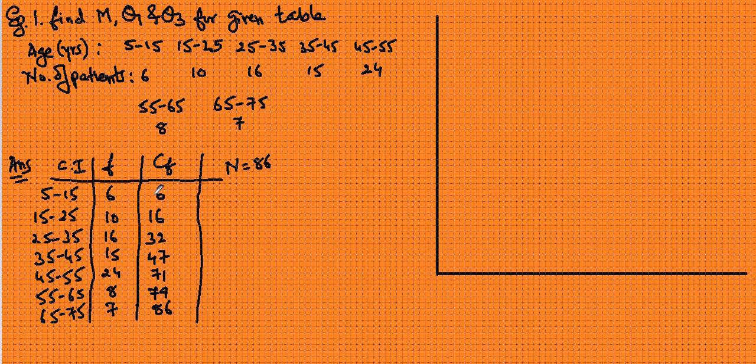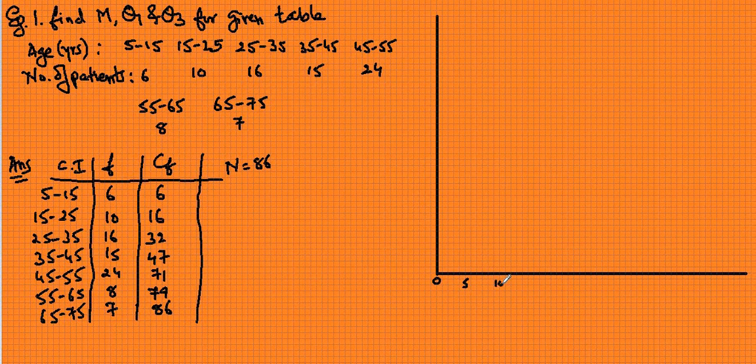First of all, I'll start from 5, then 15, likewise. Understood? So 5, 15, 25, 35, I will start with 5. So here it is my 0, 5.